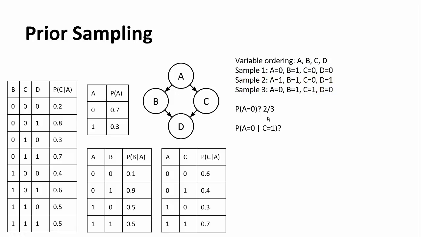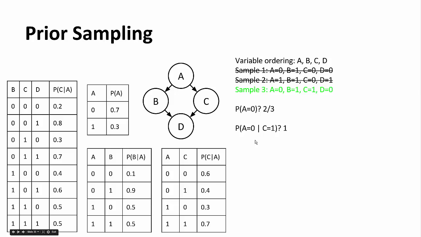What if we were asked something that looks like this: the probability that A equals 0 given that C equals 1? Like I said before, prior sampling isn't great for estimating conditionals, but you can still do it. How do we answer this query? Since we have a conditioning on C equals 1, we can only use the samples where we have C equals 1. Since sample 1 and sample 2 have C equals 0, we're not allowed to use those samples.